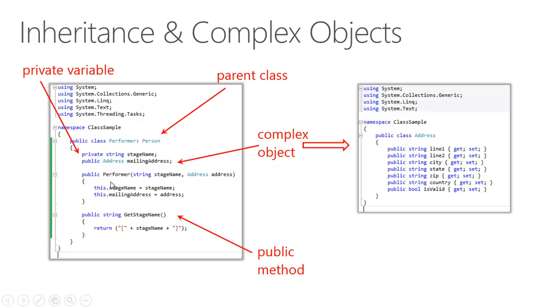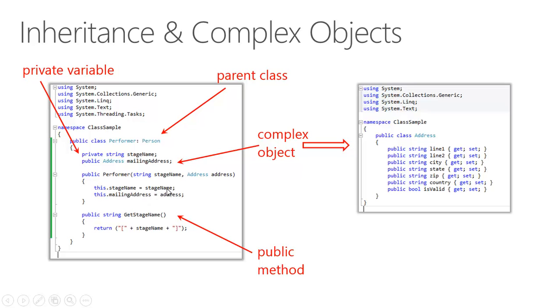But first, let's take a look at the performer constructor. So the constructor here takes two values, stage name and address. And it initializes this.stagename equals stage name and this.mailingaddress equals address. When you say this, you're indicating that you're talking about this class itself, the instance of this class. So let's say if you initialize a new performer object, this.stagename talks about the current object.